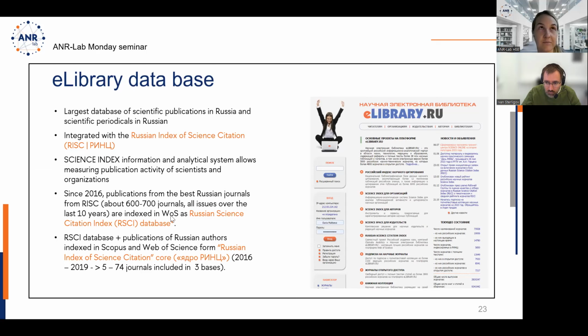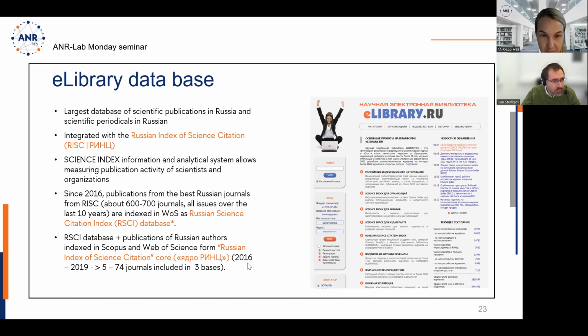Then the papers published by Russian authors in English and indexed in Scopus, and the same but indexed in Web of Science. So these three databases would construct this Russian Index of Science Citation Core.